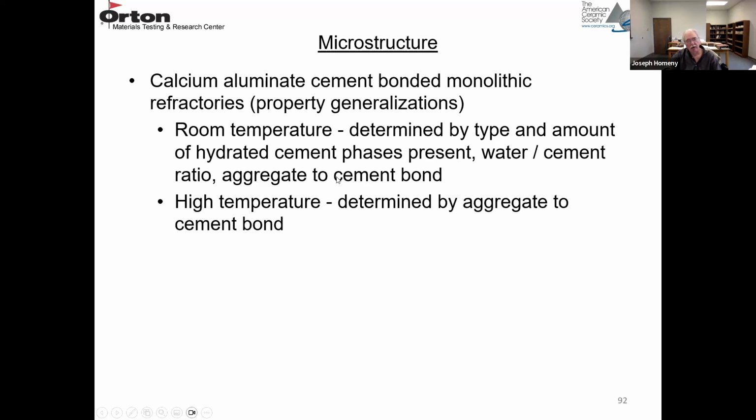What's important is the aggregate to cement bond. So the less water you use, the less porosity, and you have to develop a cement to aggregate bond to give good strength. Then at high temperature, once the material is fired, again, the aggregate to cement bond is going to determine the strength properties.